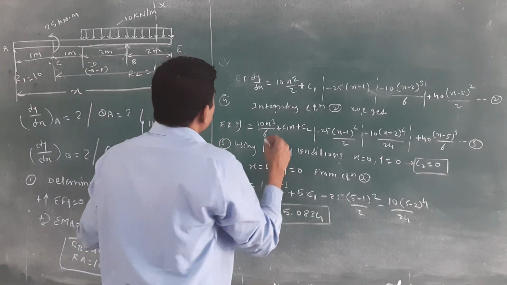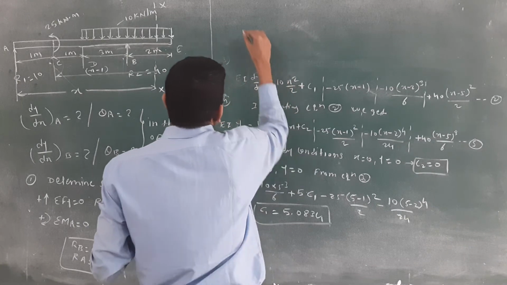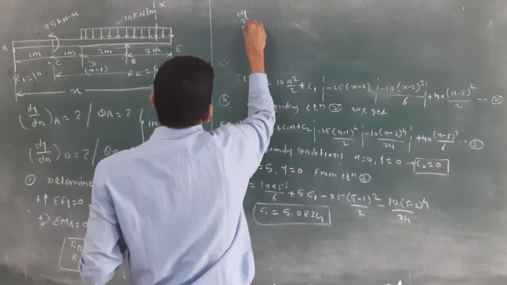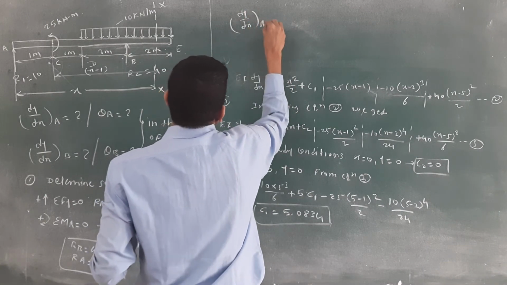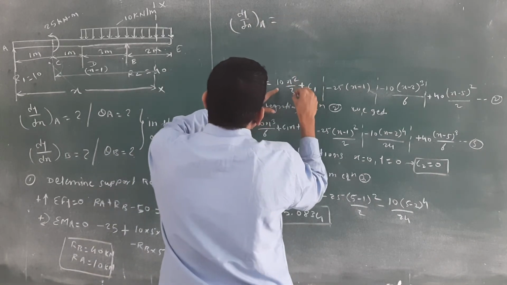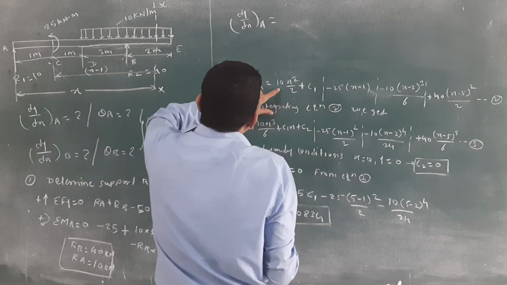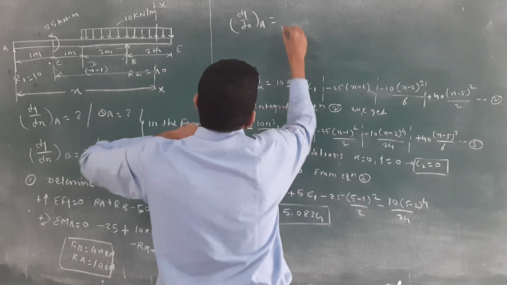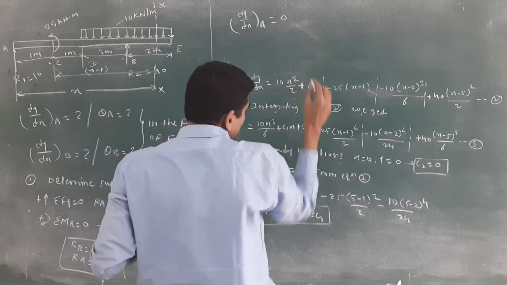Okay. Then what is the value of that in the form of EI? I will write directly dy by dx at A is equal to 10 into x square divided by 2, which means x value is 0, so you will get 0 plus C1.